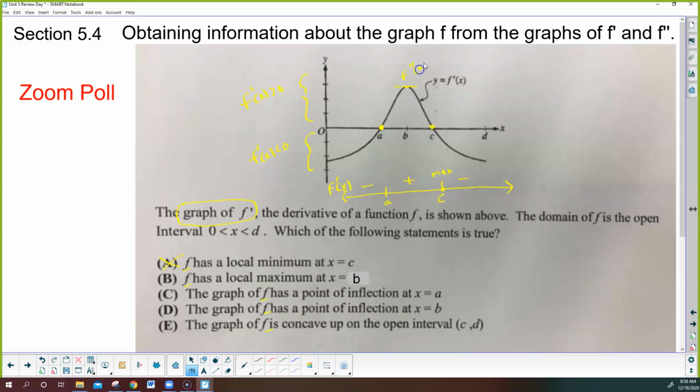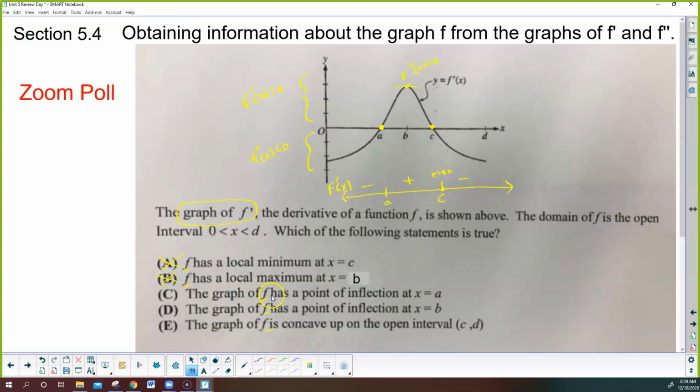It's the second derivative that's 0, because it's the derivative of this graph. So we're going to make a connection to the second derivative in a second, but it's definitely not a maximum, because I would have to have a change in the first derivative there for a maximum.